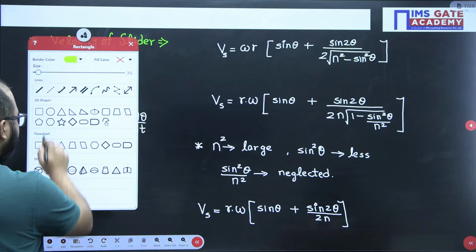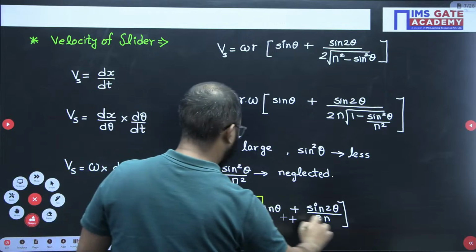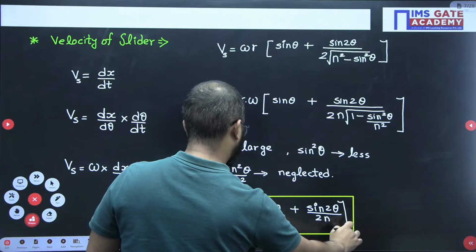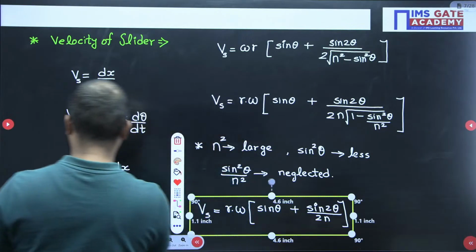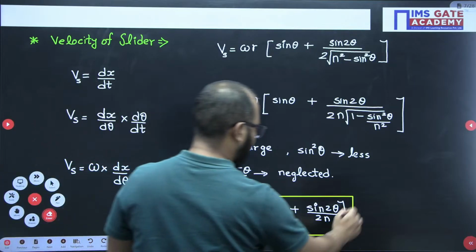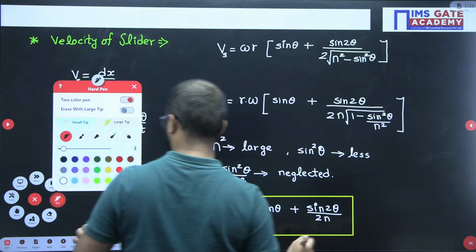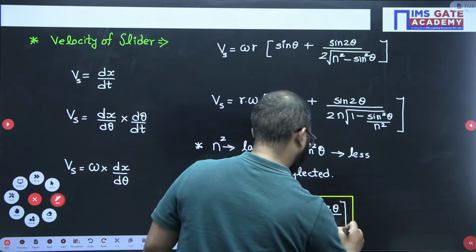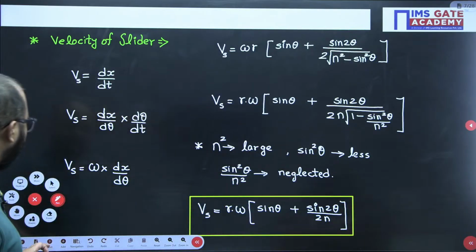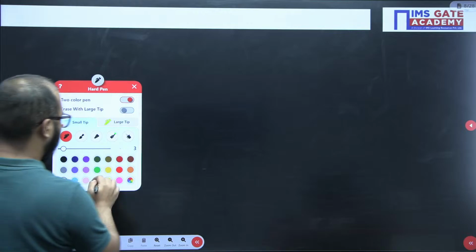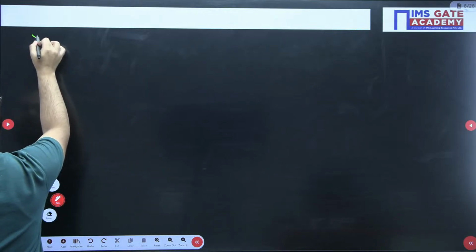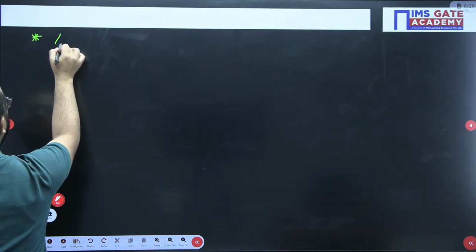Now, next part is acceleration of the slider. Okay, next write down acceleration of slider. From this also the question has been asked.